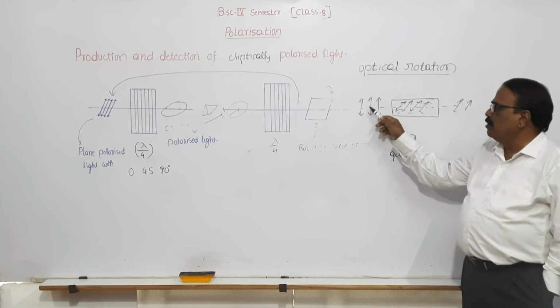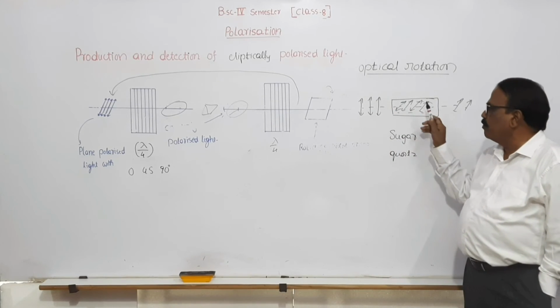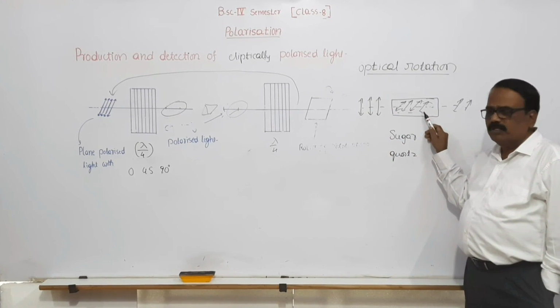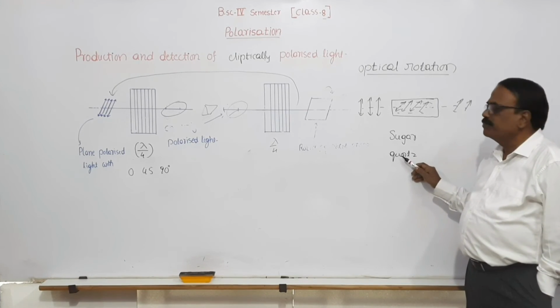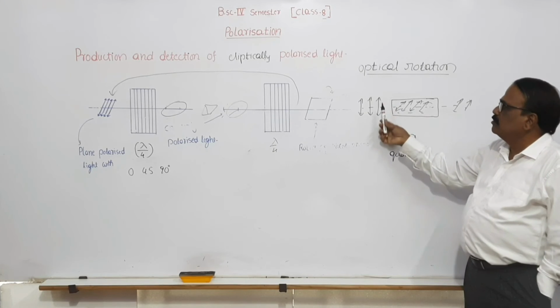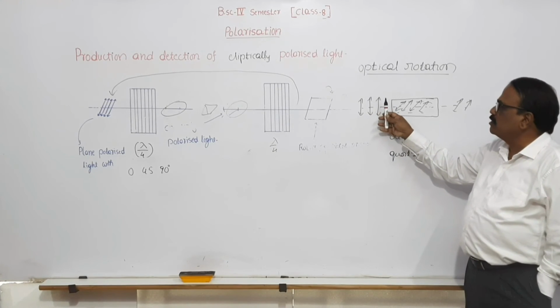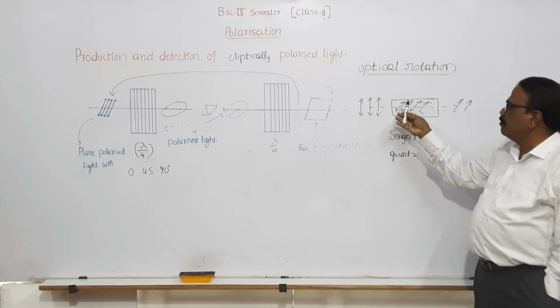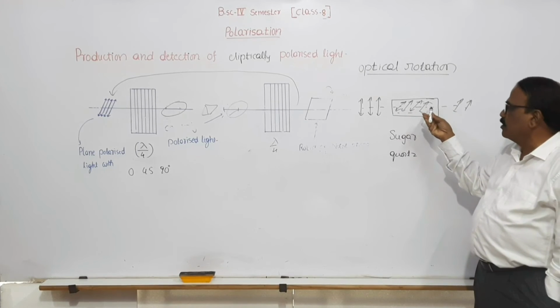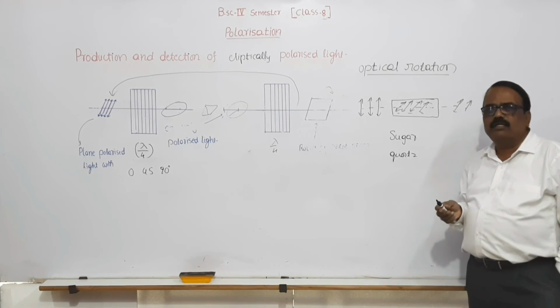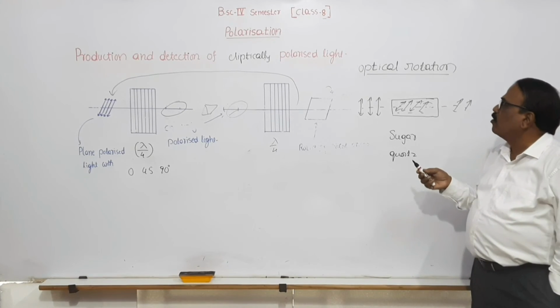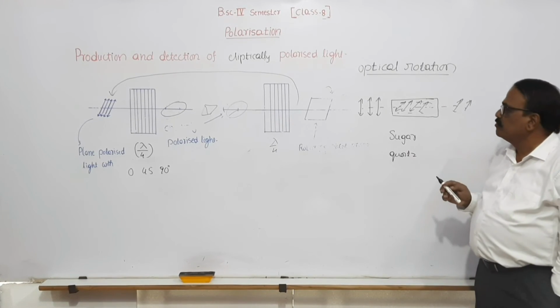If the plane polarized light is allowed to pass through certain substances like sugar, quartz or fructose, then the vibration was in this direction, and after passing through, the plane of polarization rotates through a certain angle. This is called rotatory polarization or optical activity.